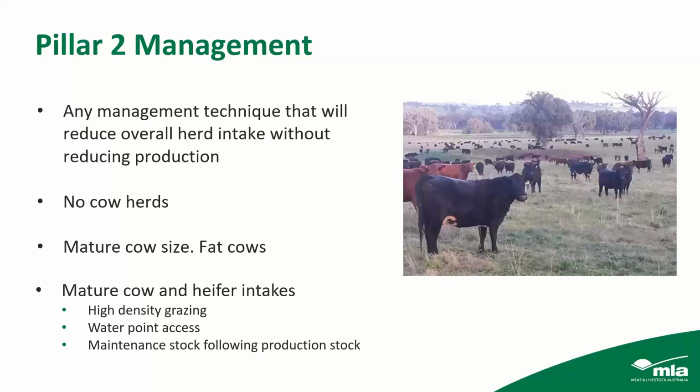So the no cow herd is that you have all heifers. All those heifers are AI'd with sexed semen to produce a heifer calf. All those heifers give birth to their calf, wean their calf, and then those heifers are fattened and slaughtered.